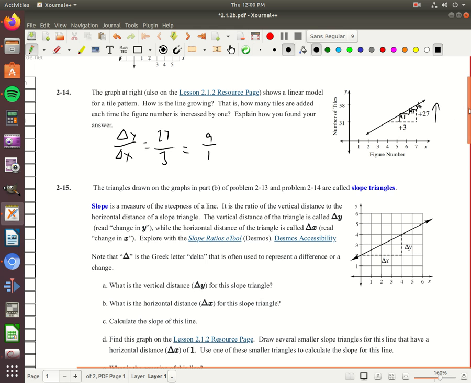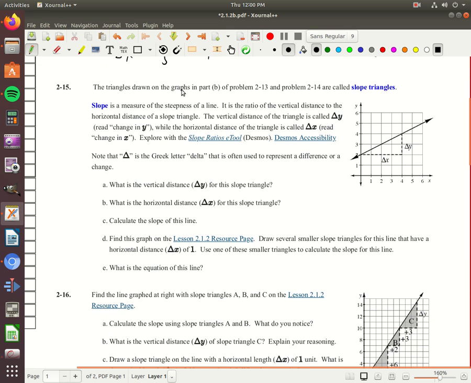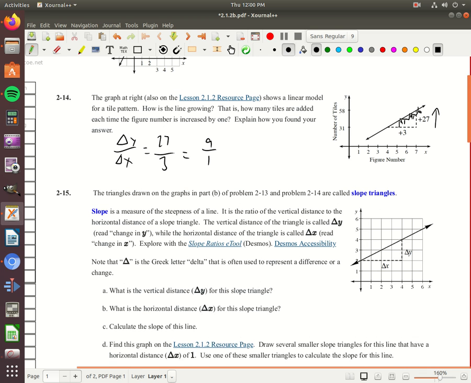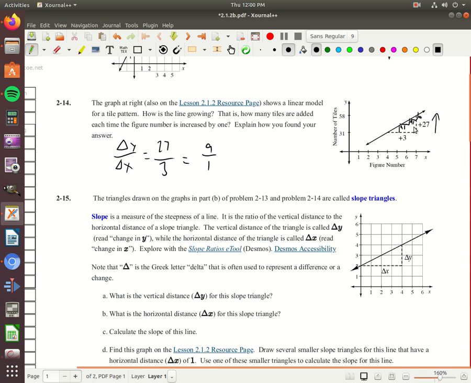Okay, so that's that. 215, the triangle drawn in the graph, part B of problem 213 and 214, are called slope triangles. So these are the slope triangles right here. Slope is the measure of the steepness of a line, the ratio of the vertical distance to the horizontal distance of the slope triangle.